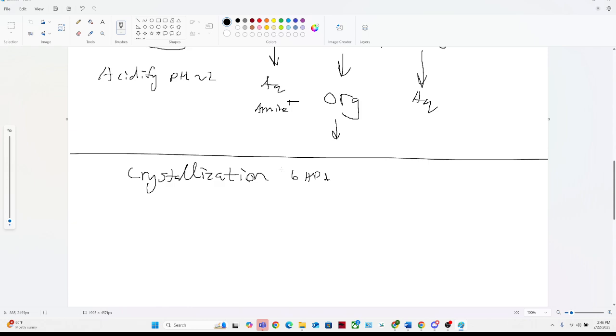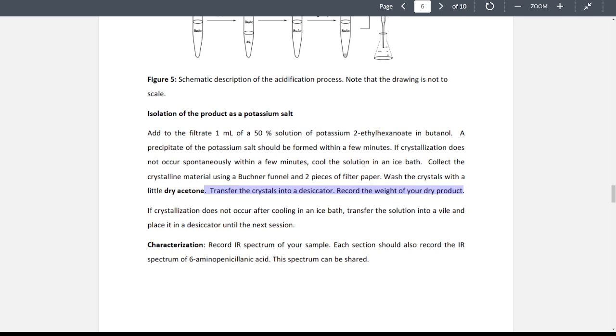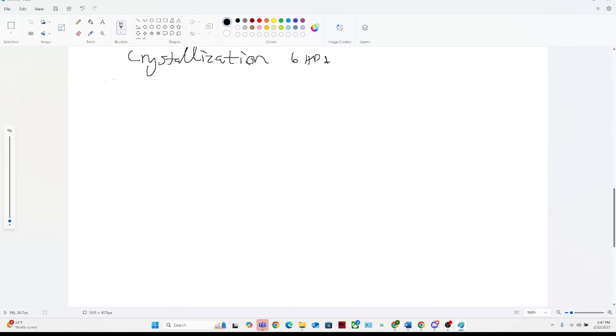So if you make sure that whatever you're putting into the butanol is dry, your isolated 6-APA, and then make it into a salt, it would be much easier than adding it as a wet solution, which would be partitioned into the aqueous layer, and you'd have to redo everything, effectively redo the final step of drying. And again, the dryness is emphasized here because it says use dry acetone, and that's really it for the most part.